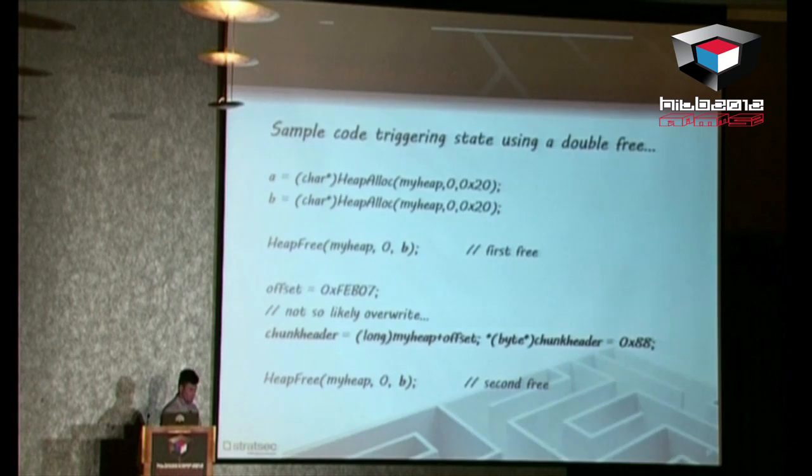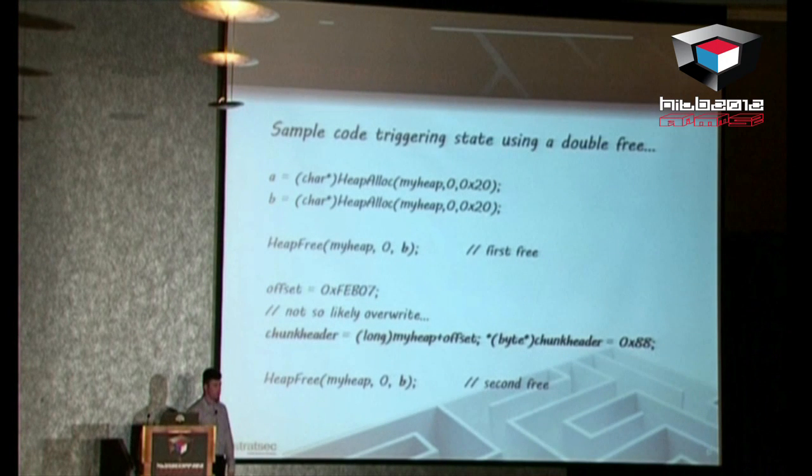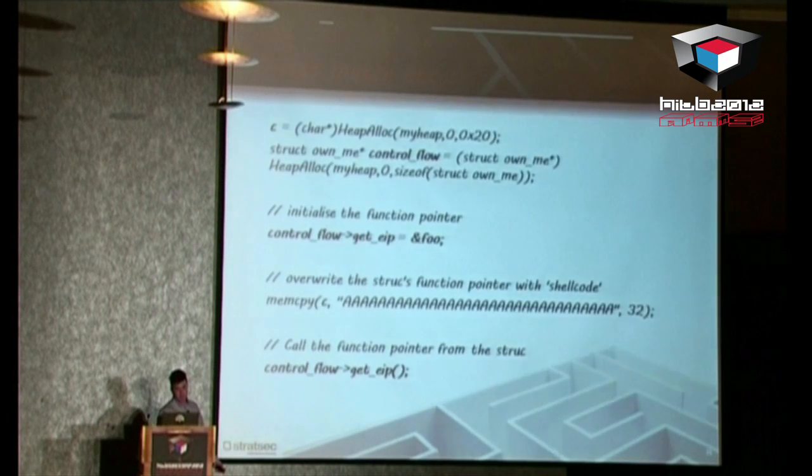My simple example just uses the double free. I could have done it via the overflow, but I just use this for the example. Just do 2 allocations, and then you free the second one, and then we do the not so likely overwrite. We modify that 1 byte in the header there, so it can be ANDed, and then we trigger the second free. That actually places the heap manager into that state.